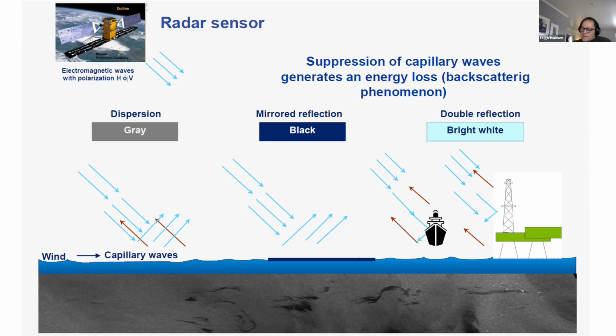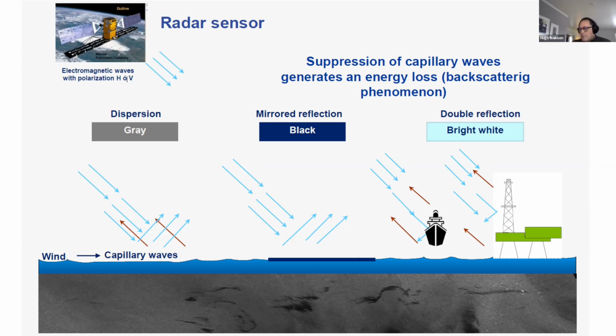The sea surface is gray, and that's because you have a little bit of capillary waves reflecting some of the energy from the sensor. An oil spill will dampen these capillary waves, and the surface will be slick like a mirror, and the energy doesn't come back to the sensor, and we have a dark part of the SAR image.